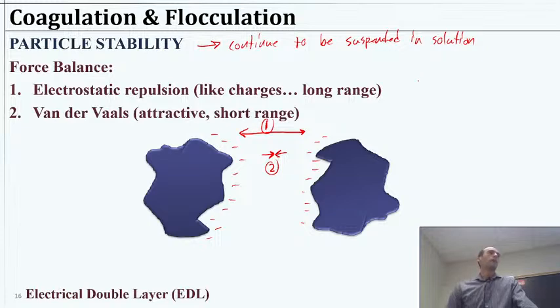The reason the ranges are so important here is the electrostatic repulsion tends to fall off as a distance of, I believe, 1 over radius squared, whereas the van der Waals typically are 1 over radius to the 4th, or even in some cases 1 over radius to the 6th.